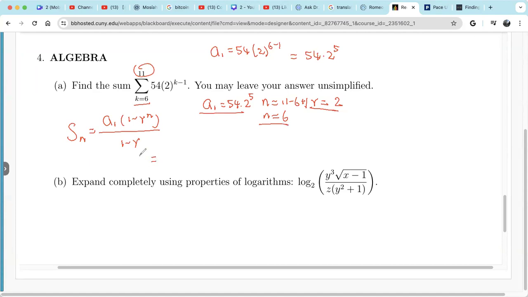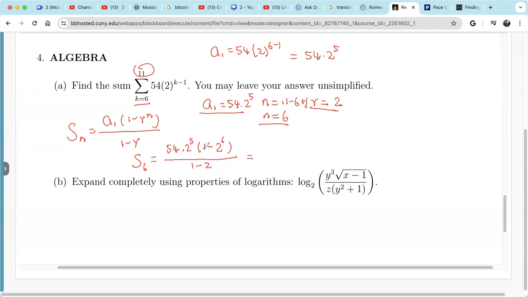So this formula is S6 equals the first term, which is 54 times 2 raised by 5, times 1 minus r raised by n, which is 2 raised by 6, divided by 1 minus 2. Or 1 minus 2 is just a negative.